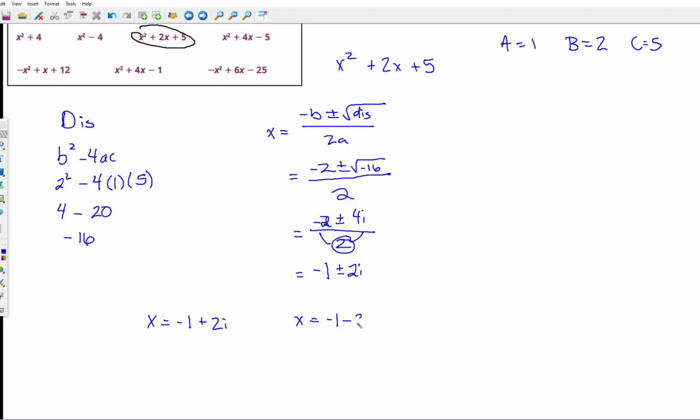So that means that my solutions are x equals negative 1 plus 2i, and x equals negative 1 minus 2i. So when we move things around, we're going to add the 1, subtract the 2i. And that gives me x plus 1 minus 2i as one of my factors. And the other one, we're going to do the same idea. Plus 1 plus 2i.